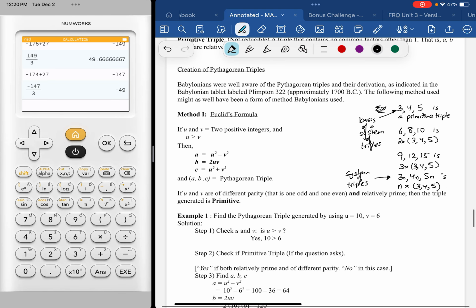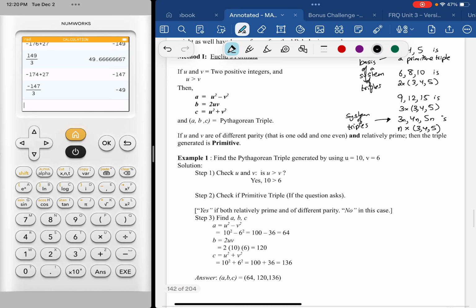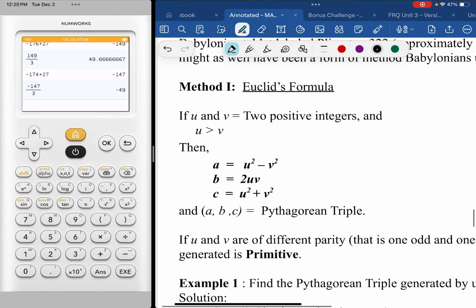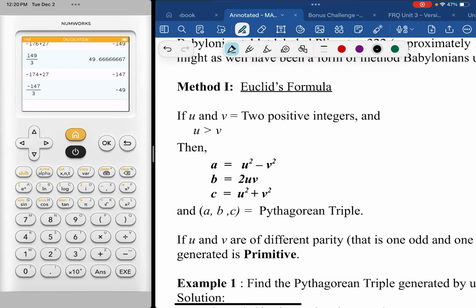When we want to identify a Pythagorean triple using particular u and v values, we have to first make sure that u is greater than v, and that only has to do with the nature of the rule. So u and v have to be positive integers, and u has to be greater than v, because if u was equal to v, then I would get an a value equal to 0.